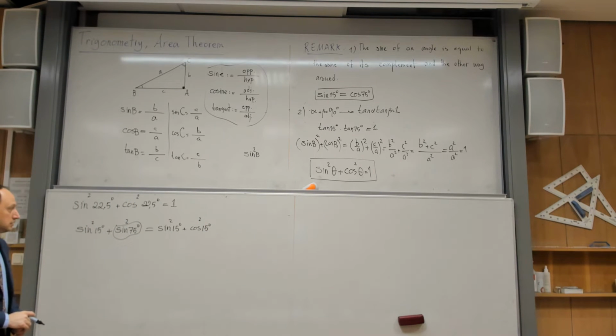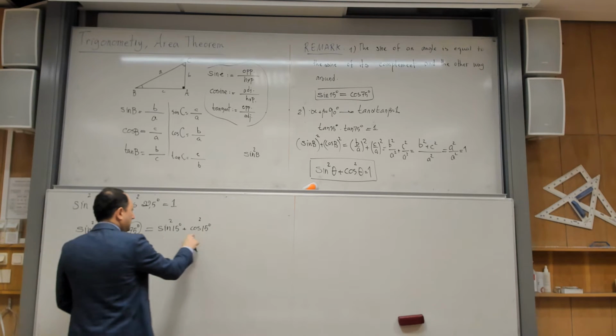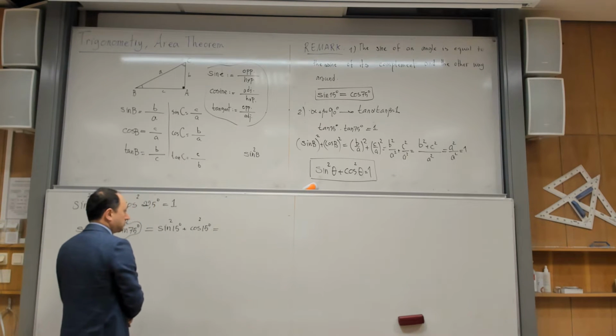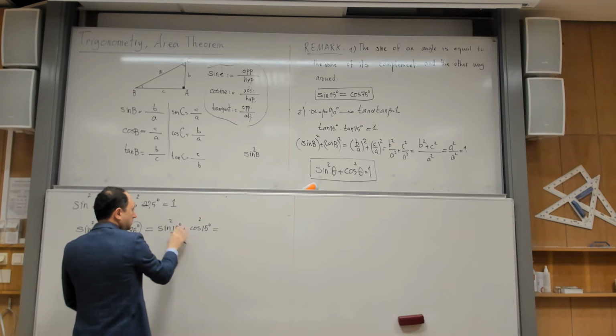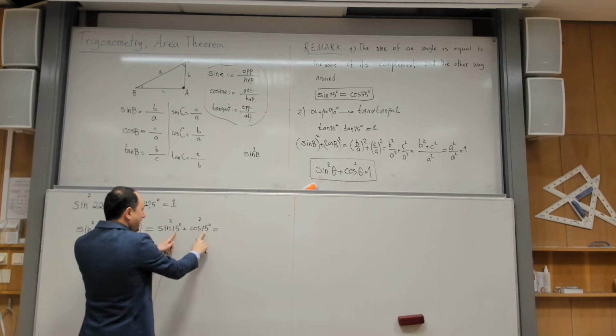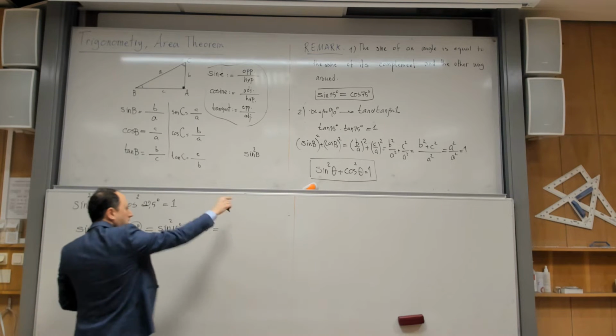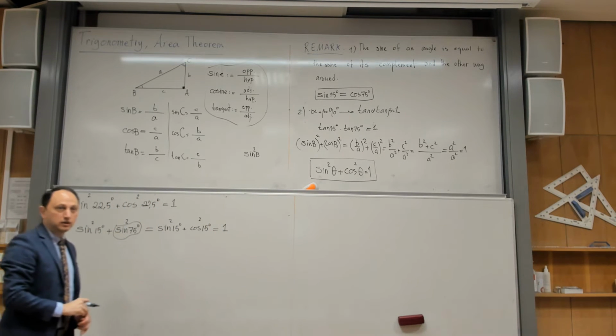And then what can I do? The answer becomes exactly that pattern. Now I have sine squared, cosine squared, but they are of the same angles. So definitely the answer is again 1.